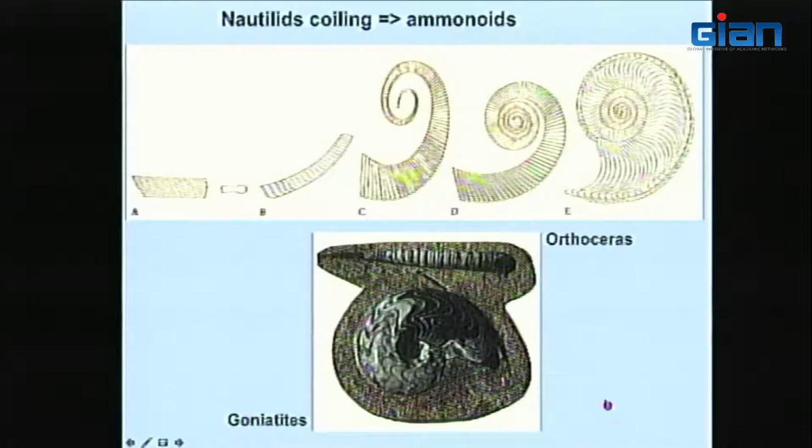What you get here is a really straight shape, and the siphuncle of this Orthoceras was located in the middle and crossing all the chambers. And you can see here this coiling leading to these ammonite forms, which are quite close to the nautilid forms. This is one of these straight nautiloids, which evolved into the coiled ammonite.